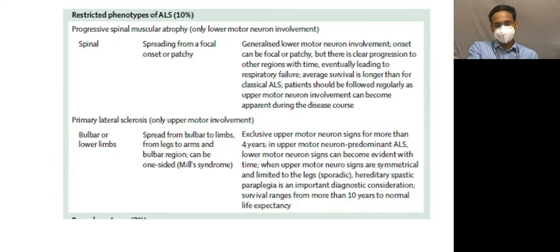It might start as a lower motor neuron disorder, and as we clinically examine them multiple times over months, we find that they are gradually showing upper motor neuron signs in other areas of the limbs which were not present in the initial OPD visit or maybe admission. So examination is sometimes important in understanding these cases, and one should not close these cases prematurely and say that this is the problem. It's important to follow them up longitudinally.